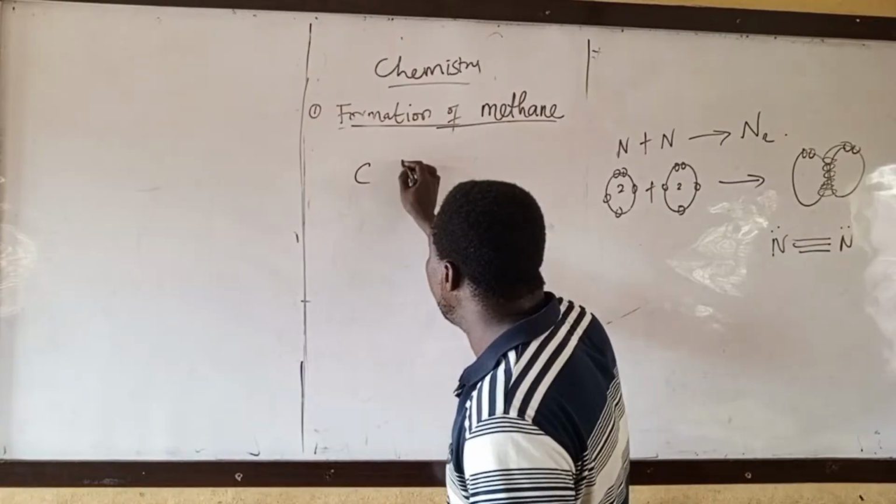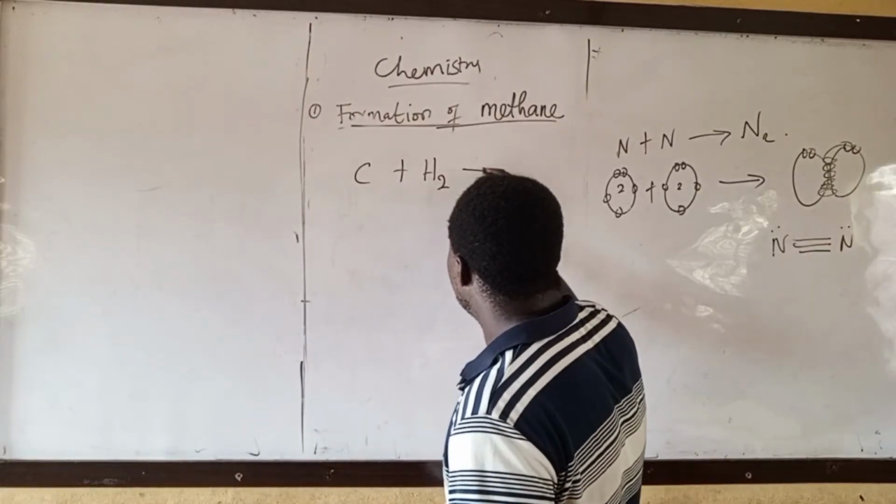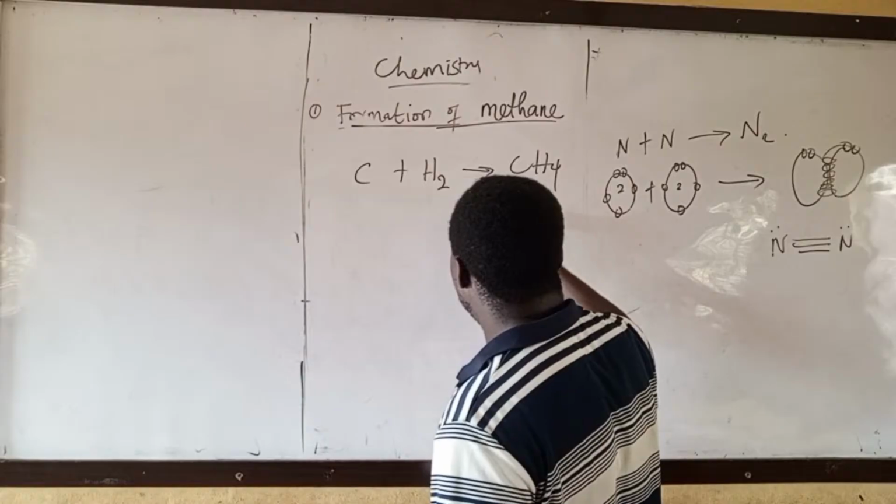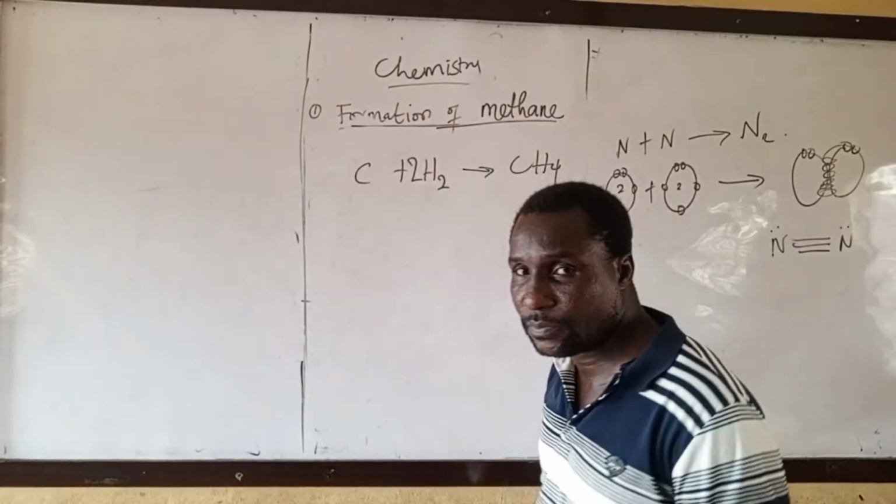When you have C plus H2 to give you CH4, balance the equation, put 2 here.